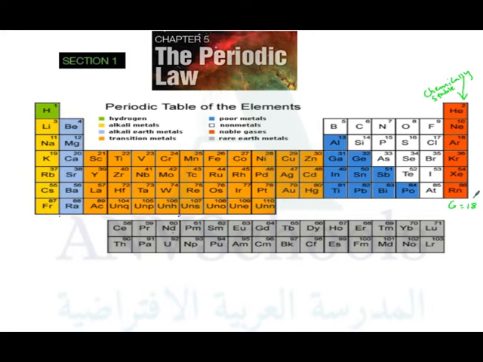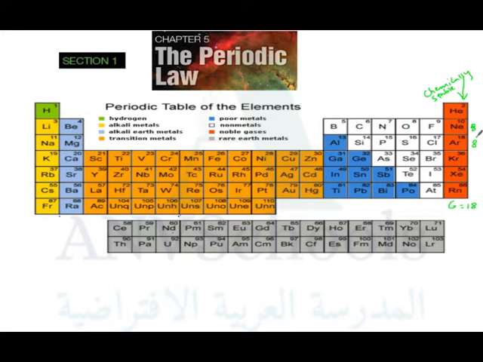If we see helium, to get an element with similar properties to helium, which is neon, you should count 1, 2, 3, 4, 5, 6, 7, 8. So after 8 elements, you will have another with similar properties. And again, if you go here, you count 1, 2, 3, 4, 5, 6, 7, and every 8 you will again have another.